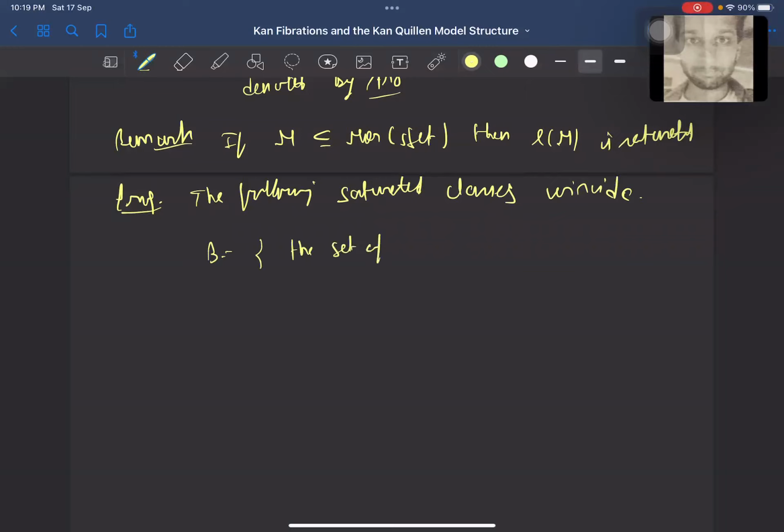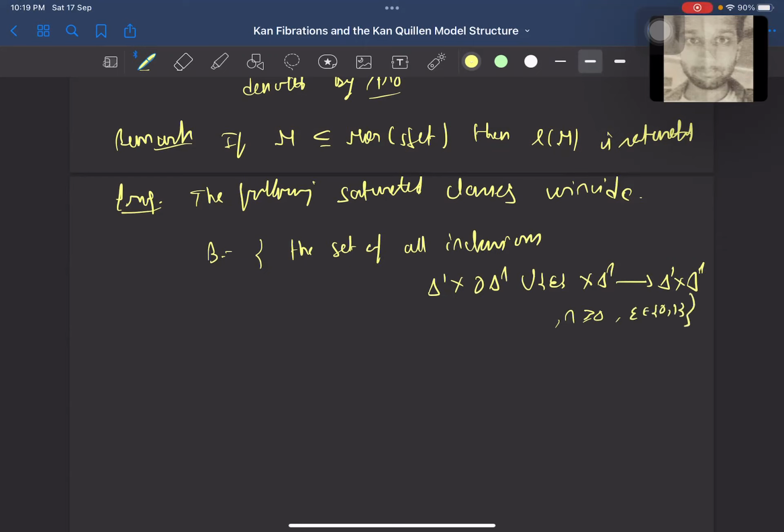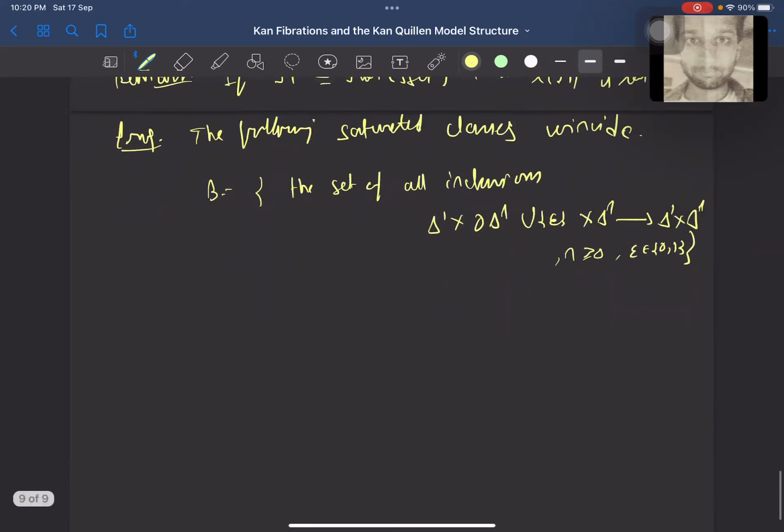The set of all inclusions, this is our first class.